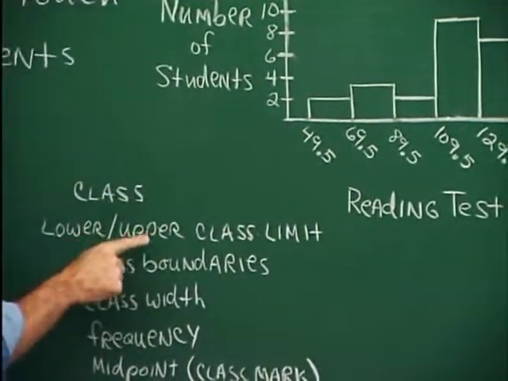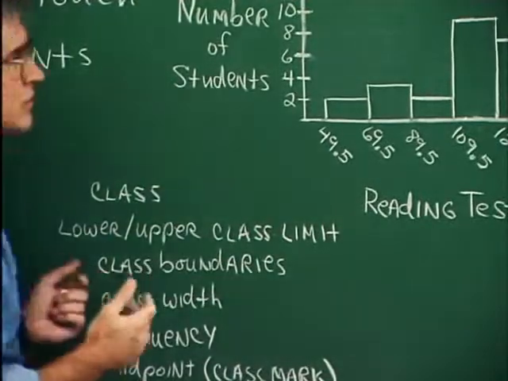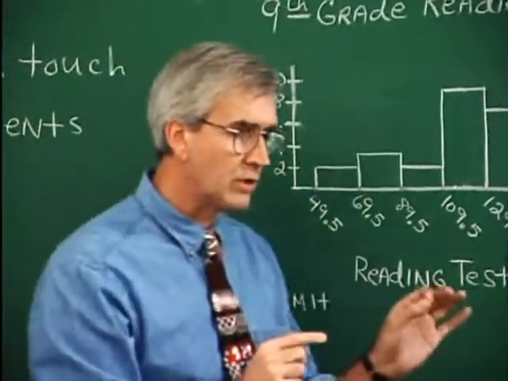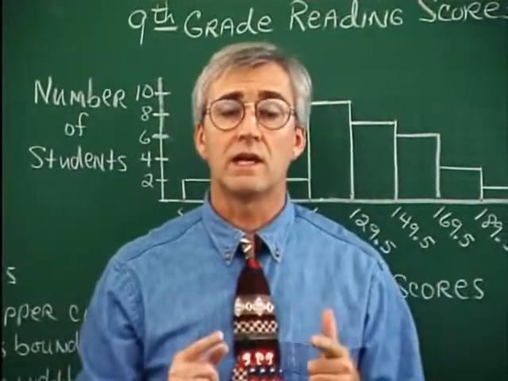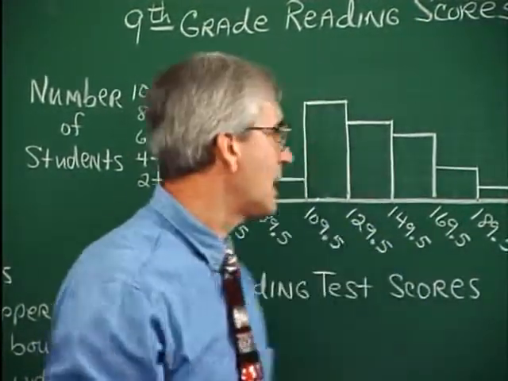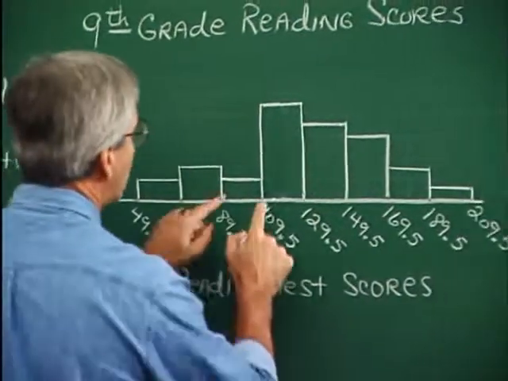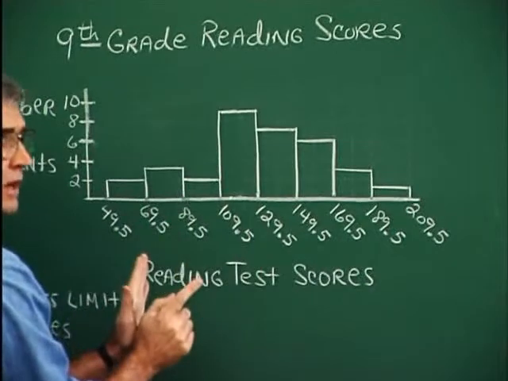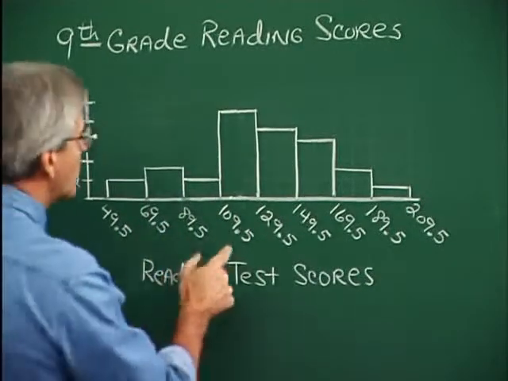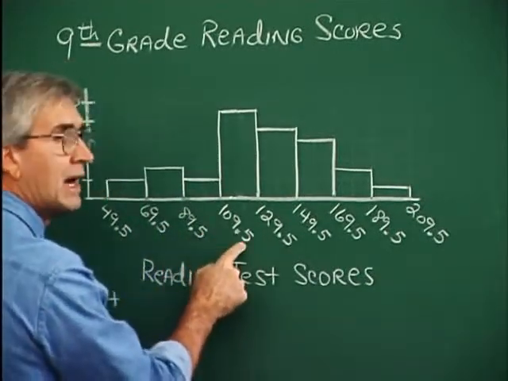Now, lower and upper class limits refer to the smallest and the largest test score that can fall within a particular class. For example, if we're talking about, let's say this class, then what's the lower limit and the upper limit? Now notice that the boundary is 109.5.